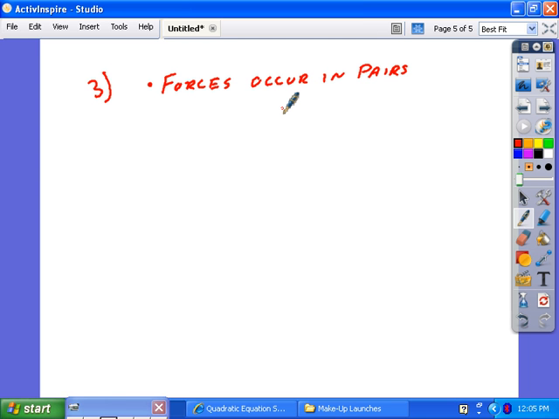You cannot push on a table without the table pushing back up on you. You cannot kick a ball without the ball kicking your foot. So, the fact of exerting a force on one object means that that other object has to exert a force back on you. Okay? So, this one here, concept-wise, we're not going to have to worry about.